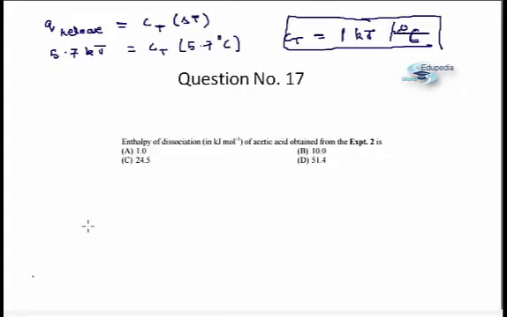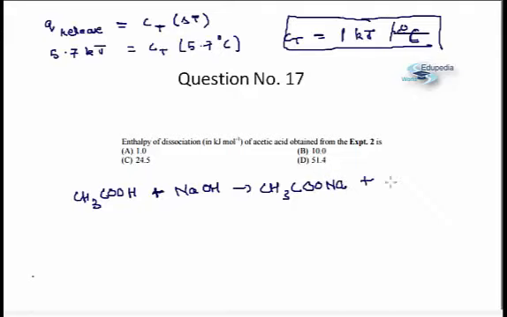Now in experiment 2, what is happening is that we are carrying out the reaction of acetic acid, that is a weak acid, with a strong base. First of all, let us write down the equation: CH3COOH plus NaOH. This on reaction will form sodium acetate, that is CH3COONa, plus water. And this reaction is that of a weak acid and a strong base.